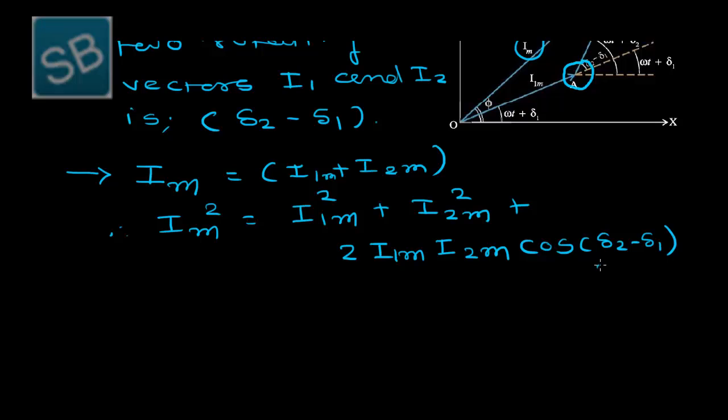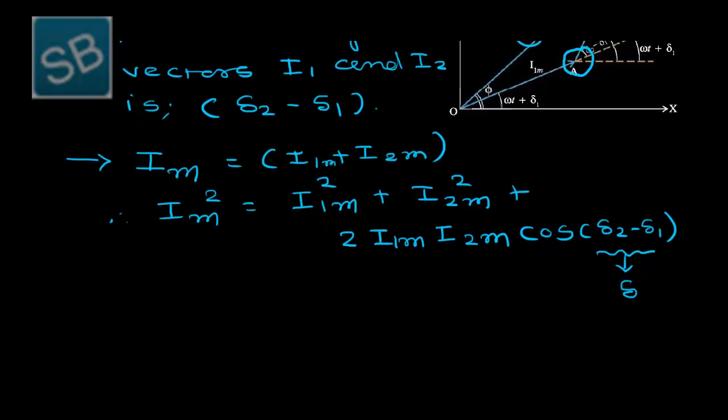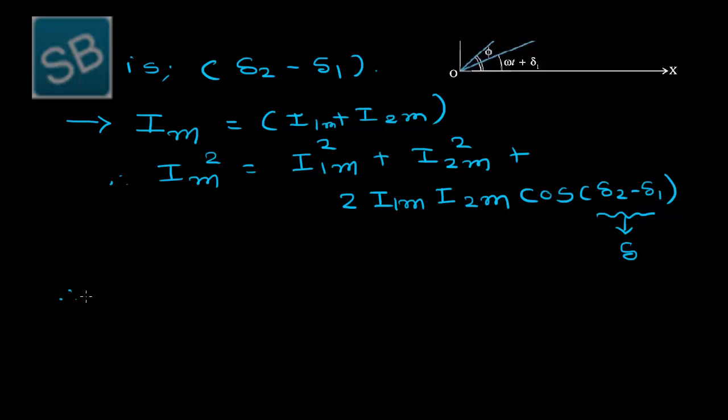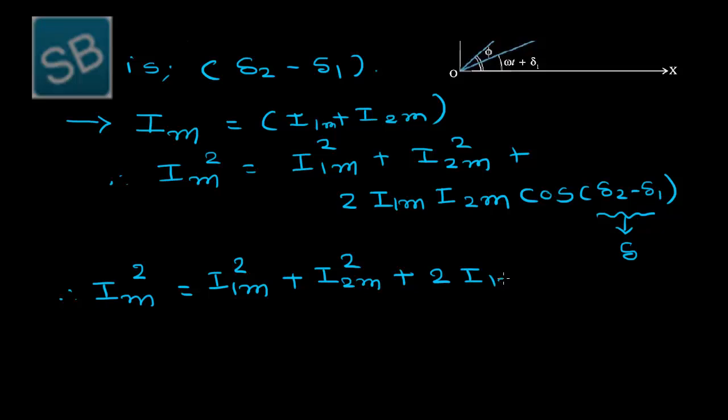Here I consider the phase difference between the two rotating vectors, delta 2 minus delta 1, as simply delta. And so I get the resultant harmonic function of current: Im square is equal to I1m square plus I2m square plus 2 I1m I2m cos of delta.